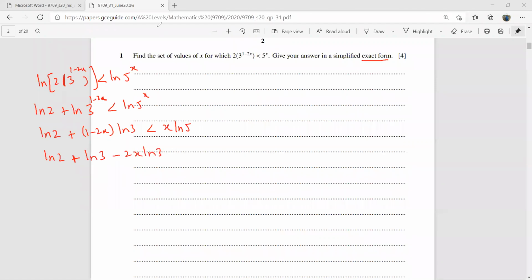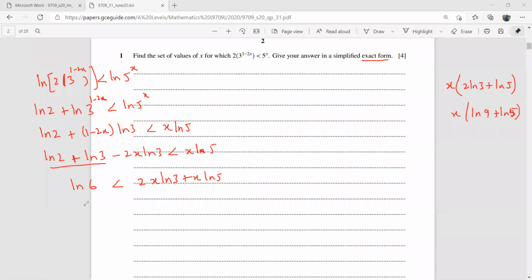See, I'm not using a calculator at all, okay? So this is less than x ln 5. Now you can write this as ln 6, and you can shift this to the other side. This becomes 2x ln 3 plus x ln 5. If you take x as common, this is going to be 2 ln 3 plus ln 5, and this can be written as x times ln 9 plus ln 5.